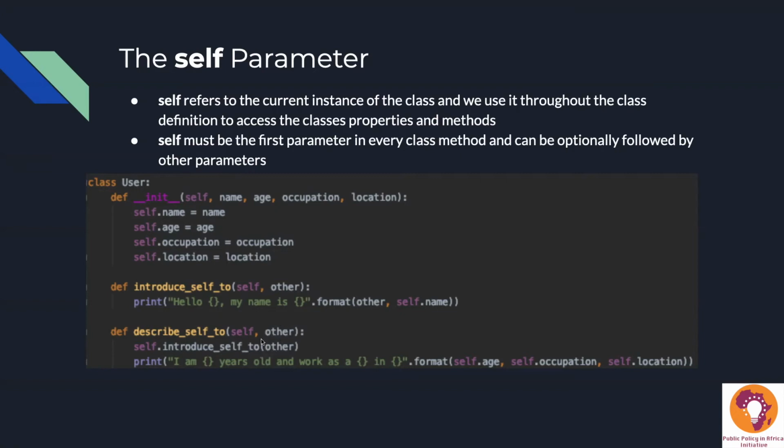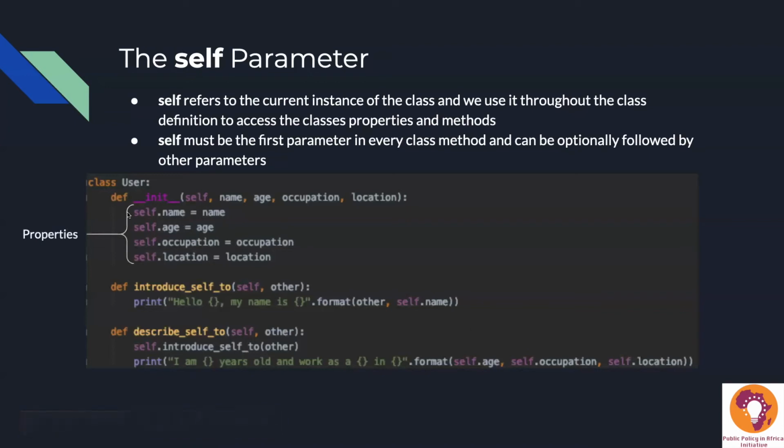We get this other parameter that was passed in to the describe self to method, and we're also passing that to the introduce self to method, so that it would say hello, whatever the other's name is, and then my name is, and then the current instance of the user object's name. And then it'll still output the I am blank years old and work as a blank in blank.